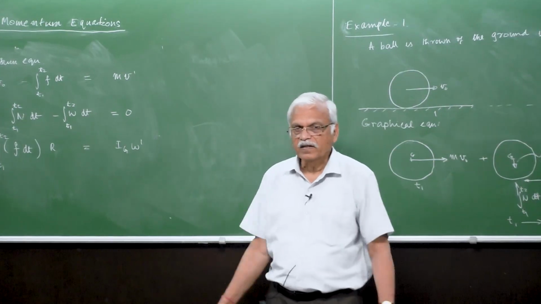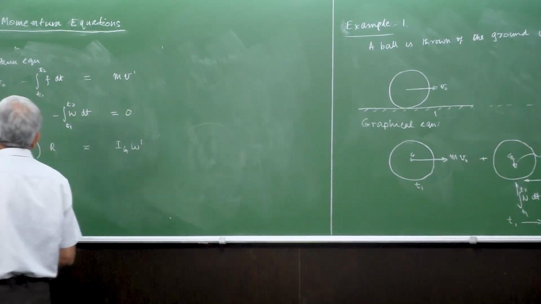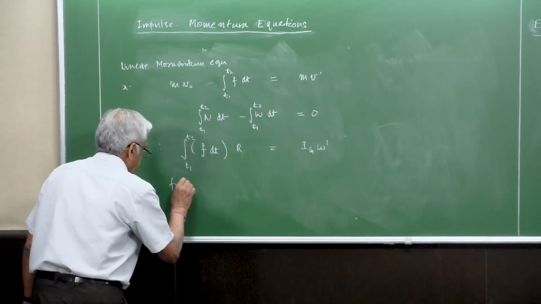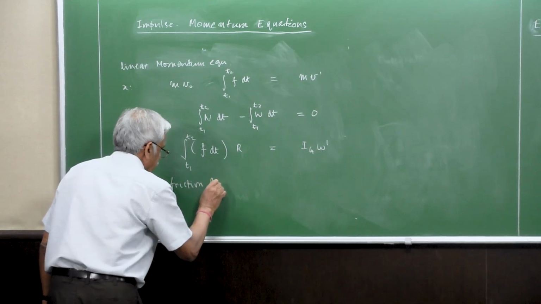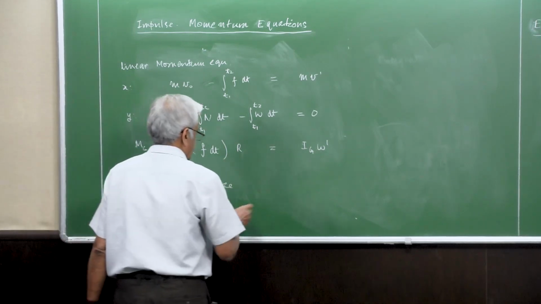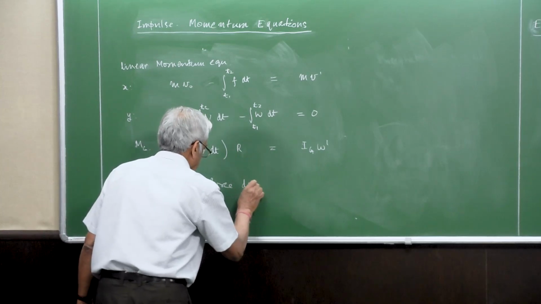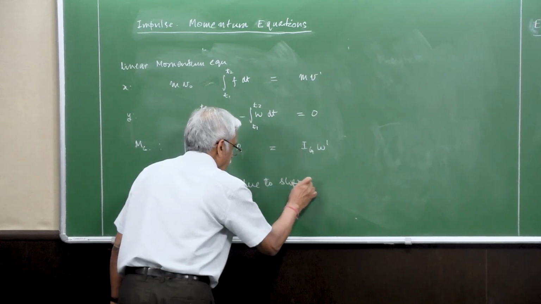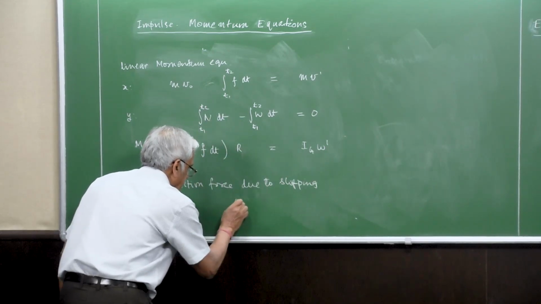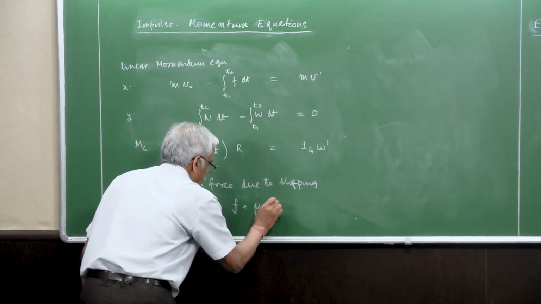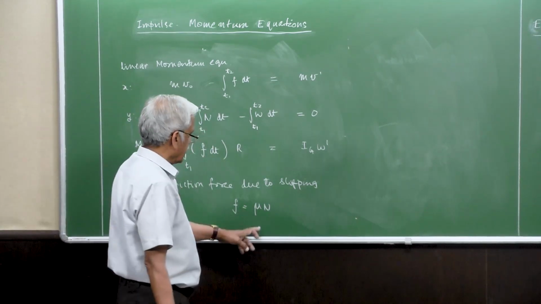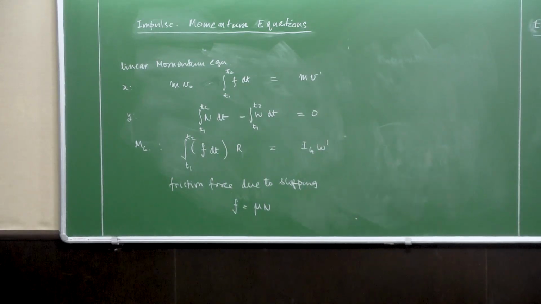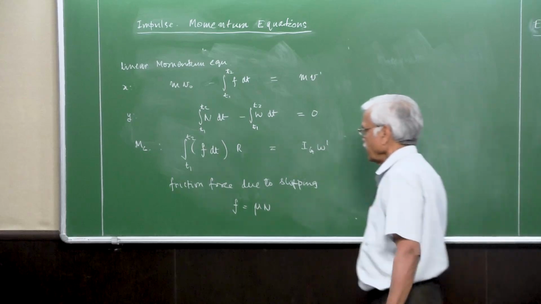Since it is slipping, F is equal to mu times N. This is the constraint, the information on the slip between the ground and the disk.